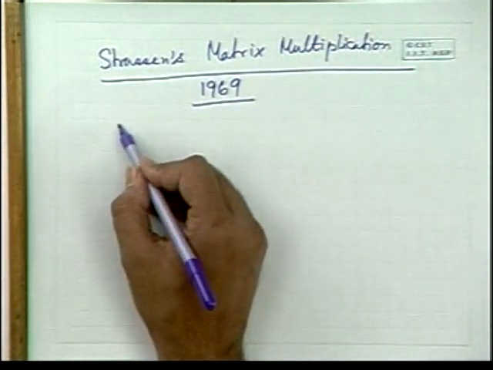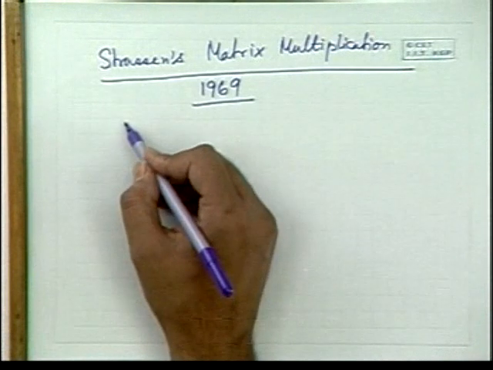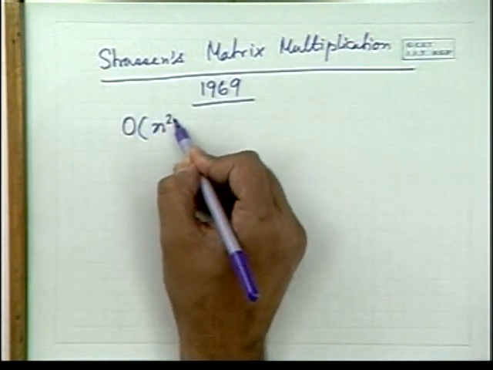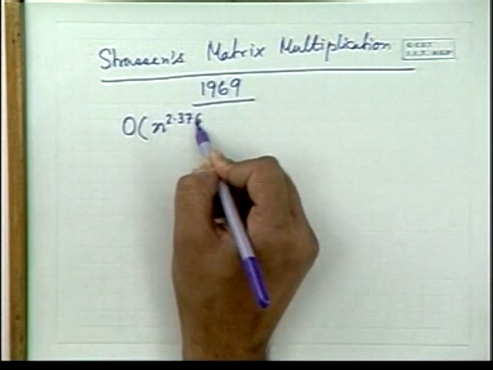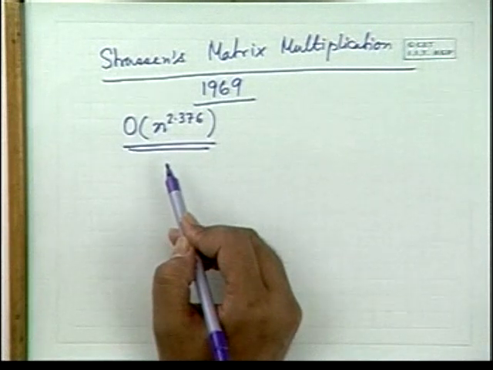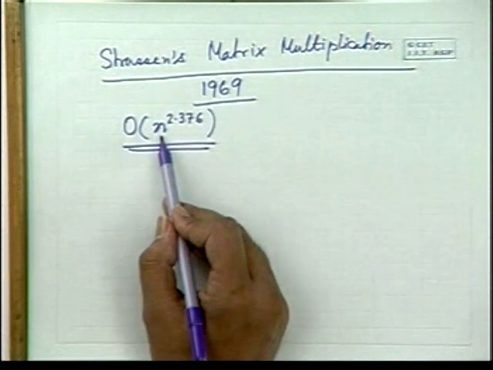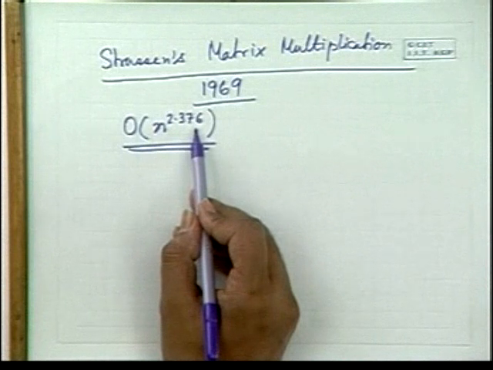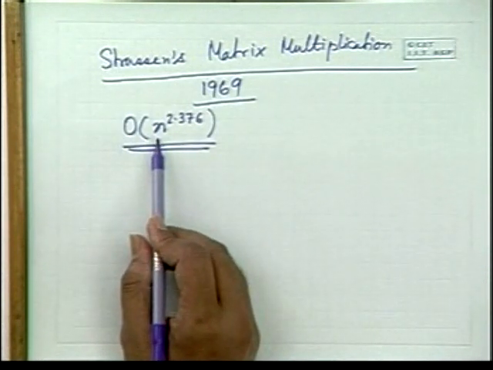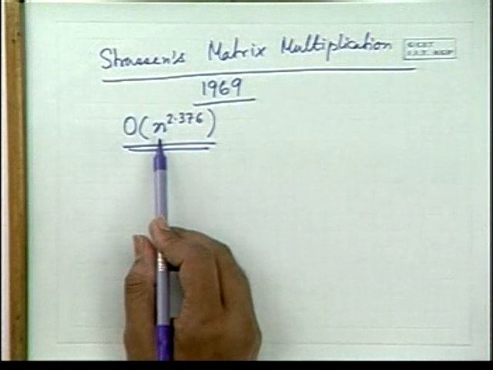Now there is an algorithm which we will not cover in this class. That algorithm can do it in order n to the power 2.376. So right now there exists an algorithm which can do matrix multiplication in order n to the power 2.376. Now you can see 2.3 is quite less than n cube.